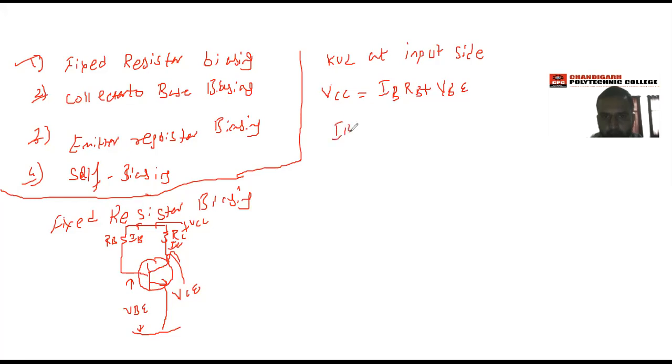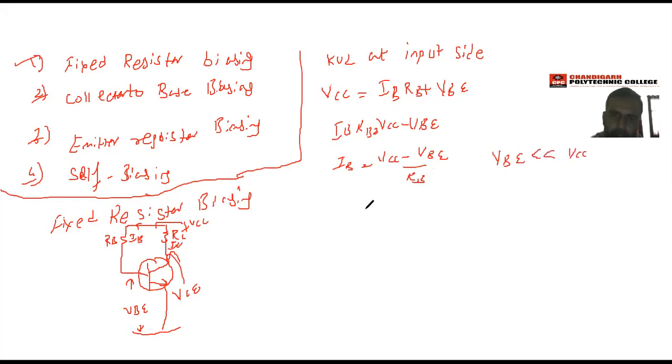So IB RB is equal to VCC minus VBE. Now the value of IB is VCC minus VBE upon RB. The value of VBE is very much smaller than VCC, so we can neglect it. Now the value of IB is VCC upon RB. This is your value of IB.